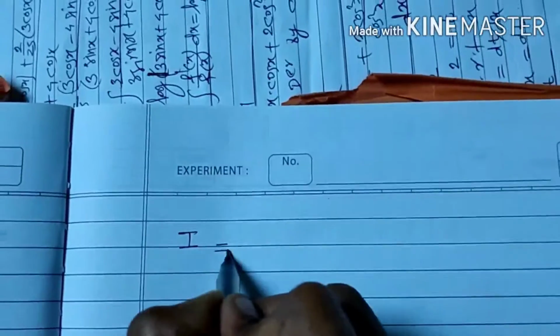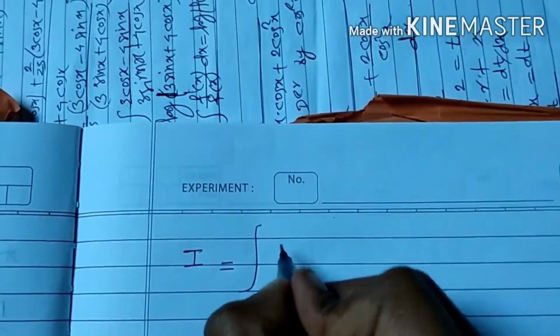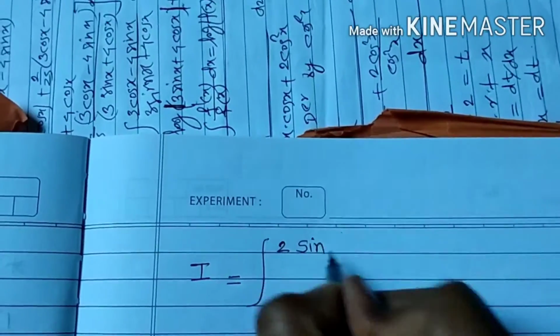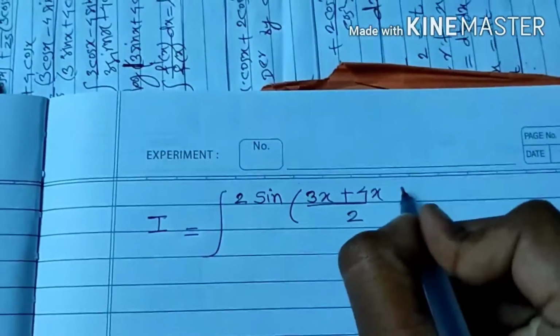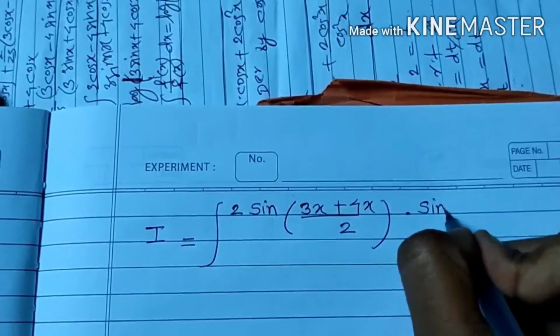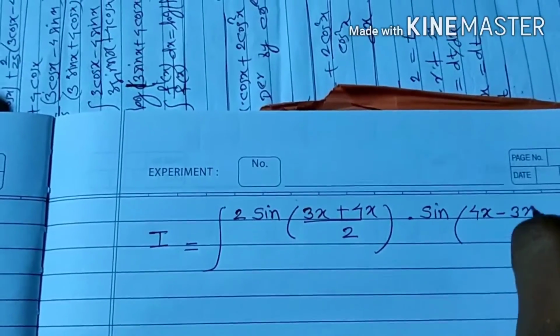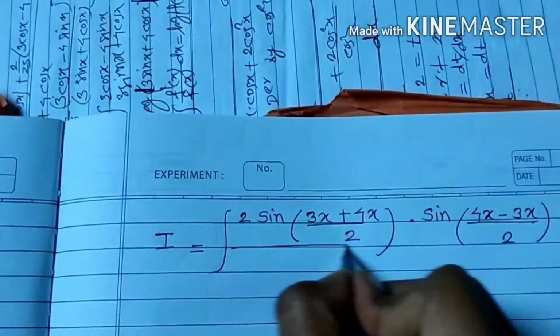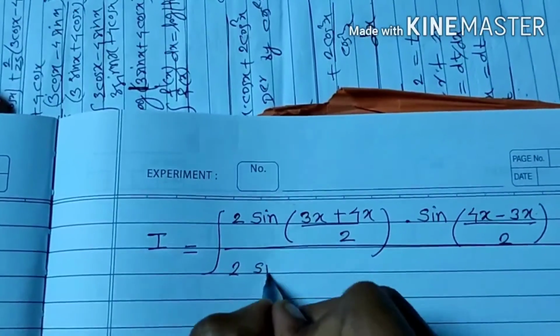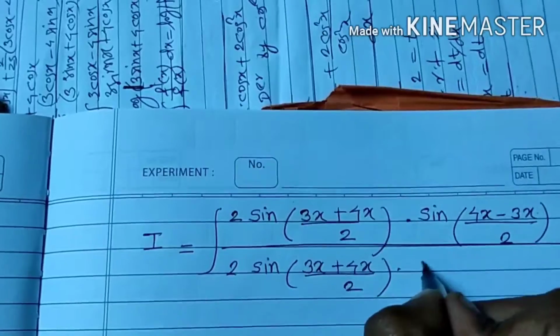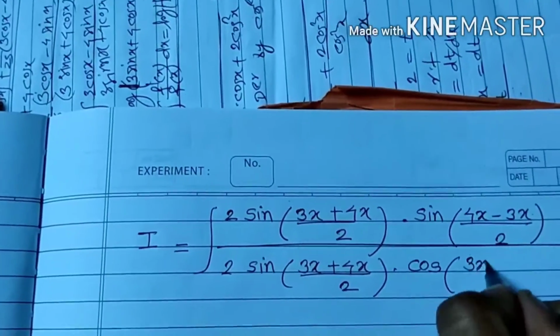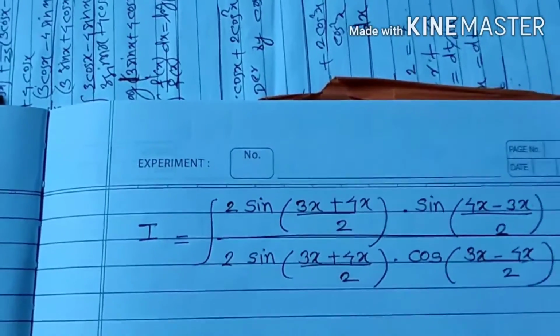So it will become I is equal to integration of 2 sin (3x plus 4x)/2 into sin (4x minus 3x)/2 upon 2 sin (3x plus 4x)/2 into cos (3x minus 4x)/2 dx.